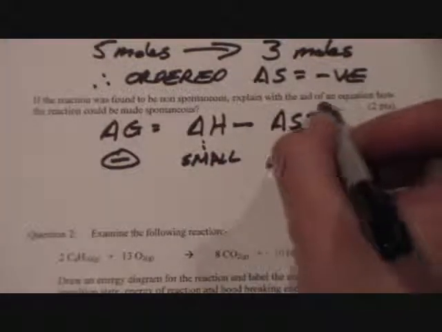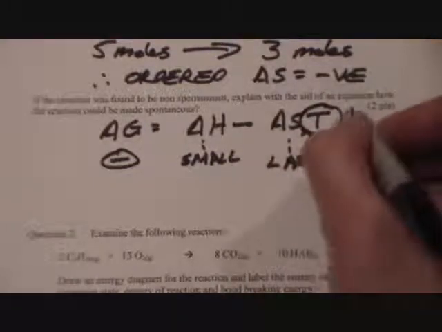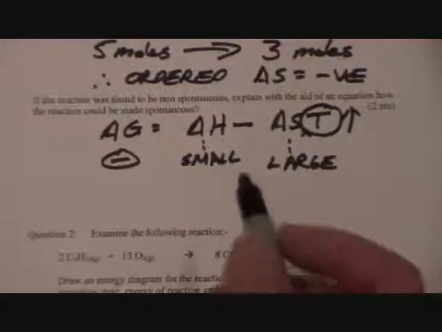So we really want it to give us a negative value for the Gibbs free energy. So even if the reaction is non-spontaneous, we can turn it into a spontaneous reaction if we increase the temperature. Many people try to answer this question by writing a new chemical equation.